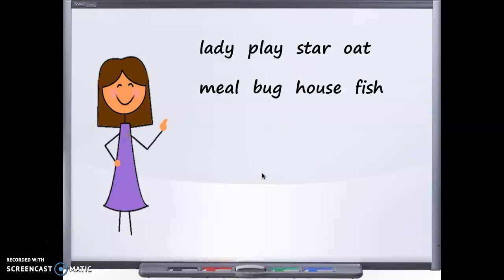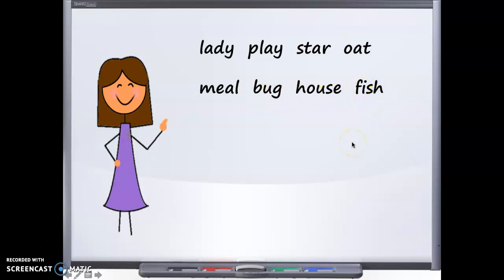All right, I have one more job for you before we move on. Now, I have listed 8 words for you. These are 8 base words. We have the words lady, play, star, oat, meal, bug, house, and fish.